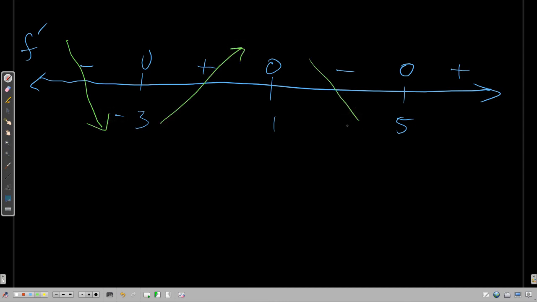Because the plus and minus is just telling you the behavior of the slope of the tangent line. And since I changed from increasing to decreasing and had a spot in between where the derivative was 0, then you have a local maximum right here, you have a local minimum right here, and probably an asymptote or something right there.